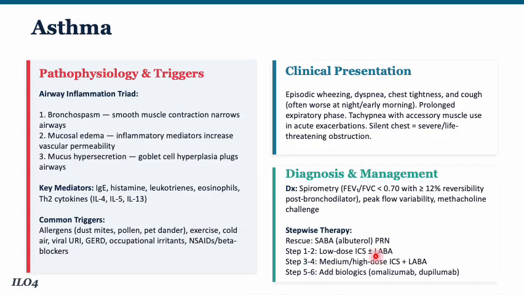They could also, if that doesn't maintain their symptoms and they're having more exacerbations, like 3 or 4 a week, use a medium or high dose inhaled corticosteroid with a long-acting beta agonist. And if their symptoms are greater or they're noticing their symptoms 5 to 6 times a week, it may be time to add one of the biologics for treatment.